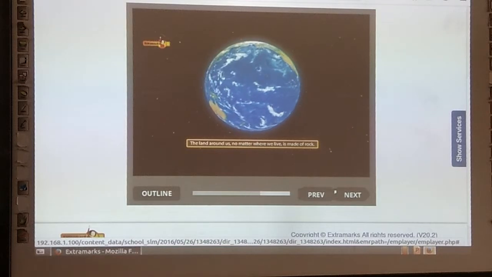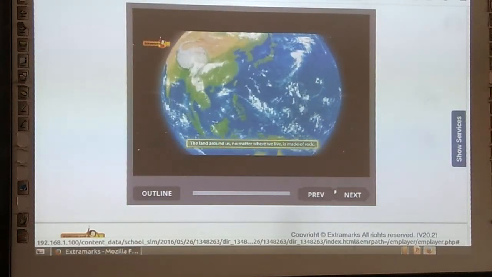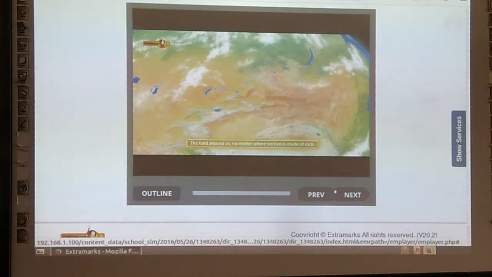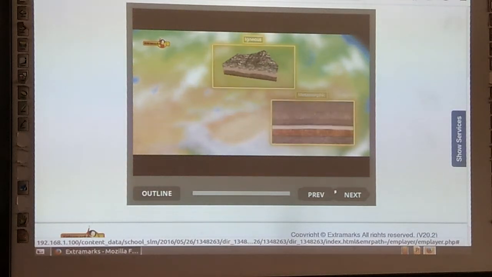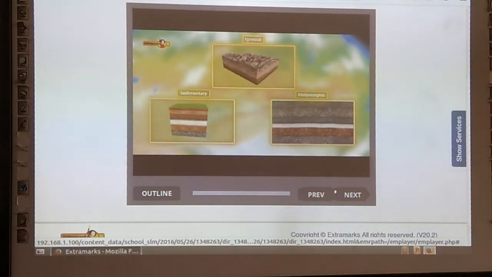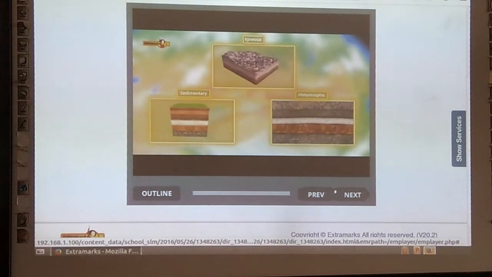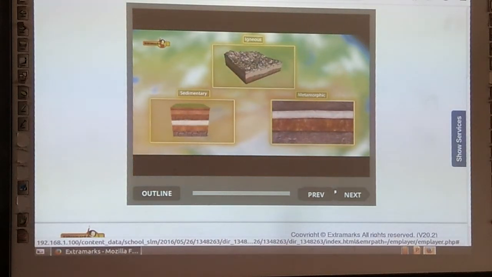The land around us, no matter where we live, is made of rock. All rocks, be it igneous, metamorphic, or sedimentary, are constantly subjected to weathering and erosion.